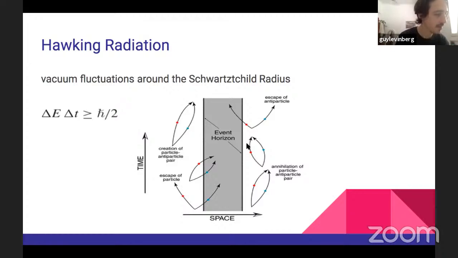And he proved that very close to the event horizon, where particles and antiparticles are always created and annihilated, he schemed a process in which a photon enters the event horizon and is therefore lost for any observation, and another photon is still out there, because outside the Schwarzschild radius, there's nothing special about a black hole.